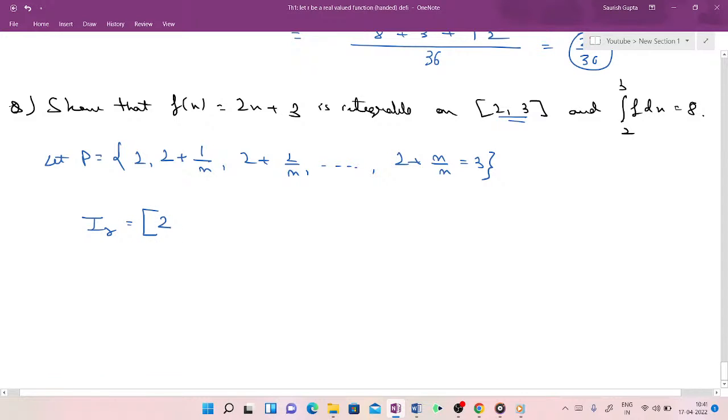If we take this as I1, then I_r is [2 plus (r minus 1) over n, 2 plus r over n]. Got it? And what is the length of each subinterval? Equal length, 1 over n. Clear? 1 over n.